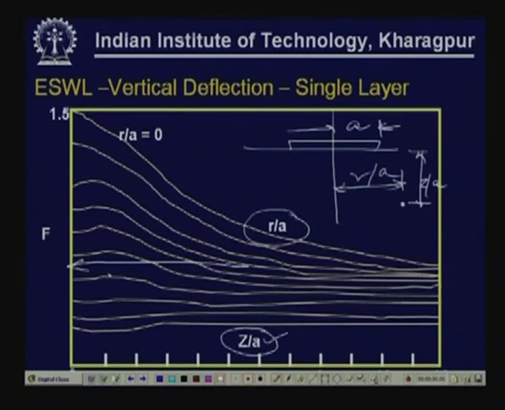Once we get the F value, we can substitute this in the previous expression. If we know the modulus value of this material, the pressure P, and the radius a, we can calculate the deflection.